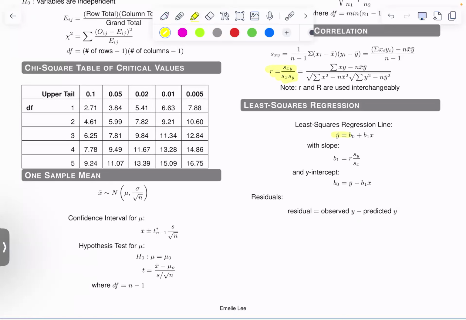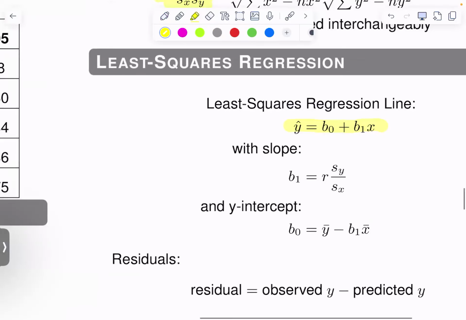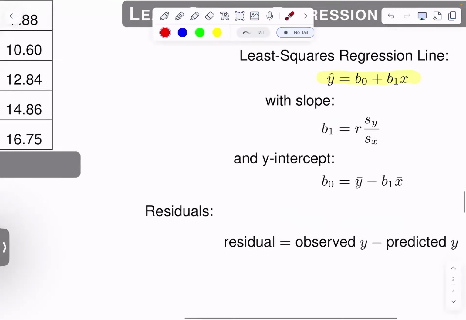And where I'm looking is here. So the least squares regression line, we are going to use this equation, or this format. I even tell you, with the slope b1, why is b1 the slope? Because it's attached to the x. And y-intercept b0, because it's on its own without an x. Okay.